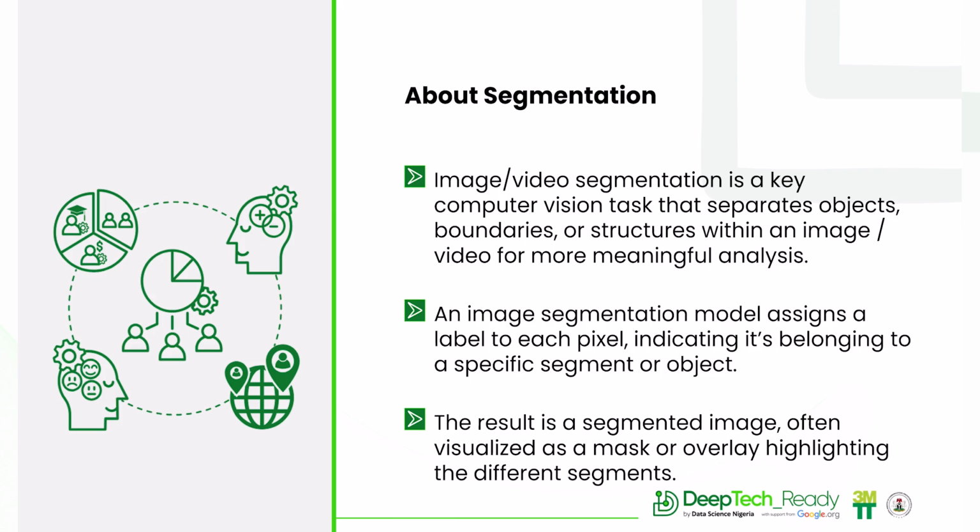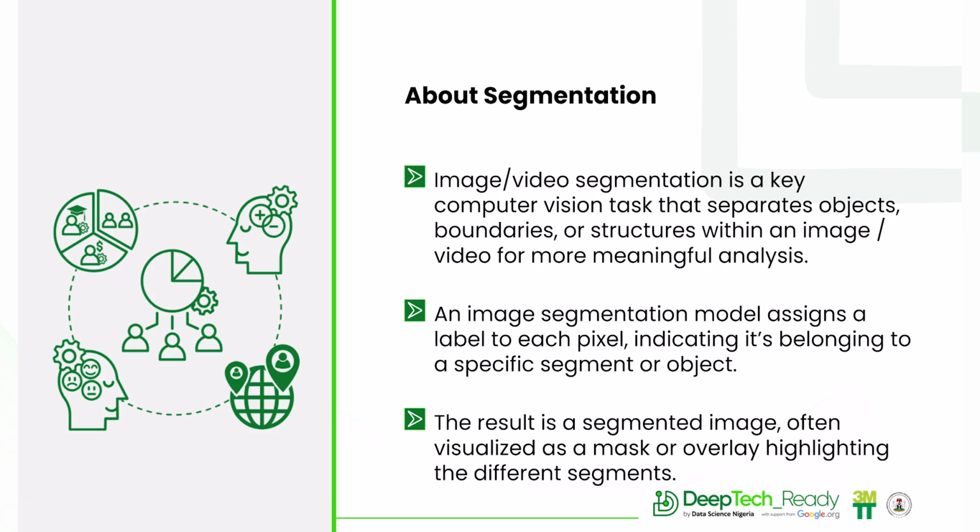Say you have detected different objects, and you really want to distinctly separate them from an image for further analysis, or crop them out or mask them out, with clearly defined boundaries such that no other object is interpolated or occluded with another object. Segmentation is the technique that can help you solve that problem. That's why we see it as a computer vision task that separates objects, boundaries, and structures within an image or video for more meaningful analysis.